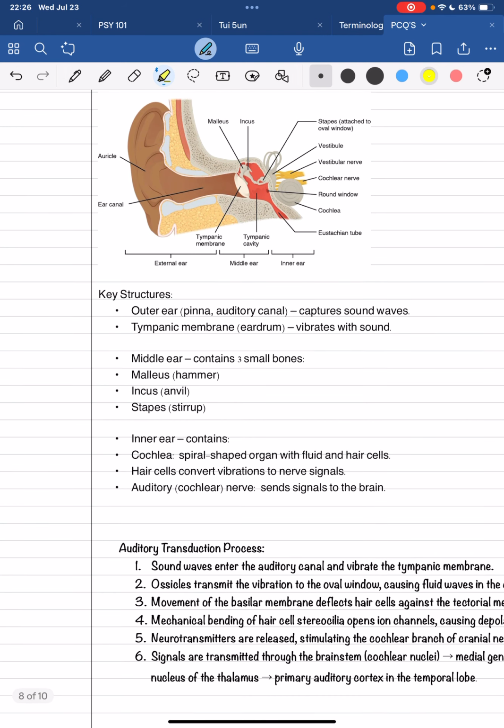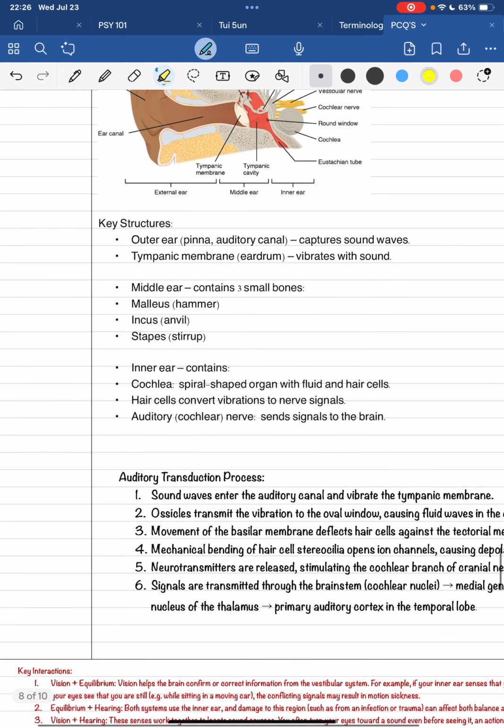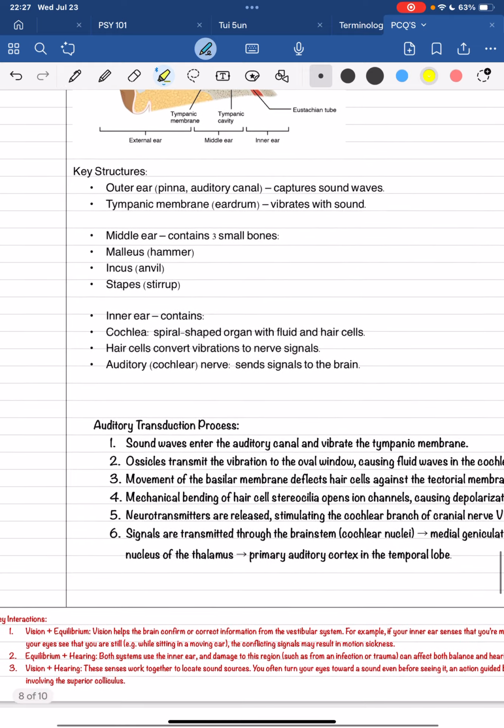The middle ear contains 3 small bones: the hammer, the anvil, and the stirrup. The inner ear contains the cochlea, a spiral-shaped organ with fluid and hair cells. The hair cells convert vibrations into nerve signals. The auditory nerve sends these signals to the brain.